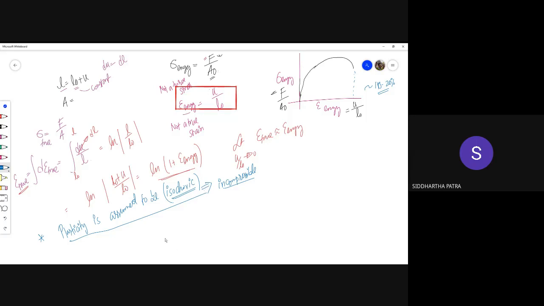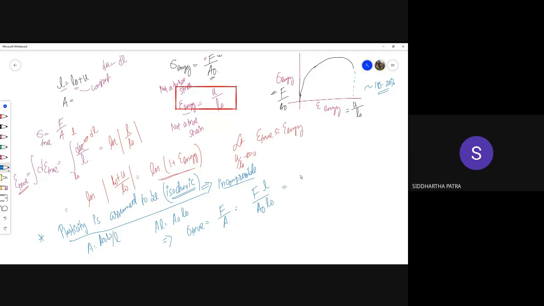So what that basically means is A times L is A0 times L0. Okay, and therefore the true stress is F by A, or force per unit current area, which is F over A0 L0 times L. You see, A would be A0 L0 divided by L, right?